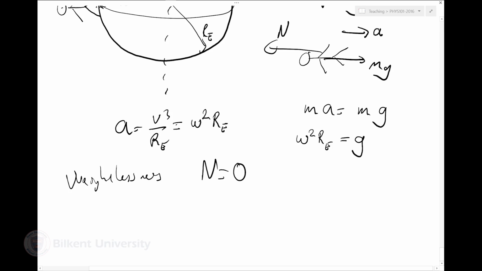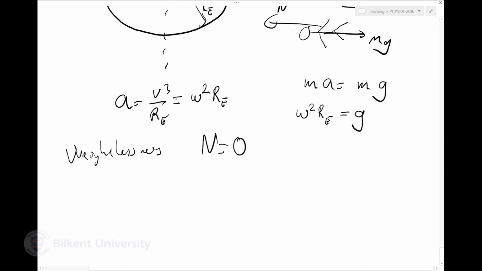So from here, I would find omega to be the square root of g over r Earth.